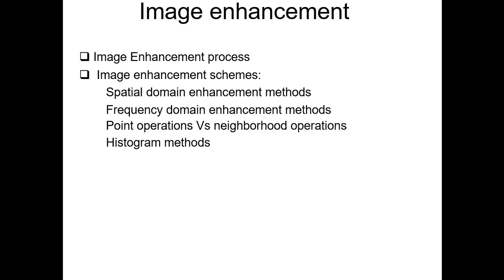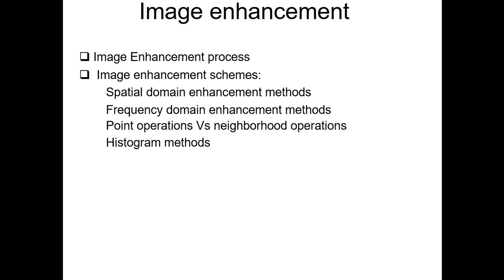So first of all, we'll understand what is spatial domain enhancement and what is frequency domain enhancement. Spatial domain is where we are directly working with the pixel values in the image plane, whereas frequency domain is where we are transforming the image under consideration into frequency domain by Fourier transformation, and we are working on spectral components of an image.